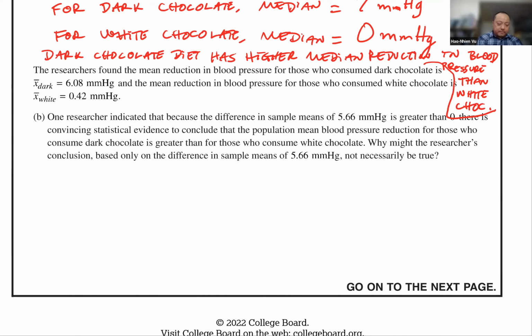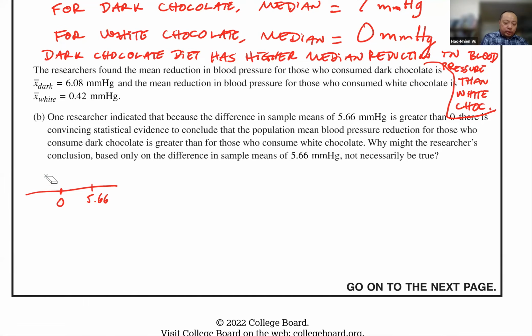So here's the idea. You have 5.66, and let's say there's 0, and you say, well, because my mean is 5.66, therefore the population mean is probably around here somewhere, near the 5.66. Well, yeah, but it could also be over here, right?